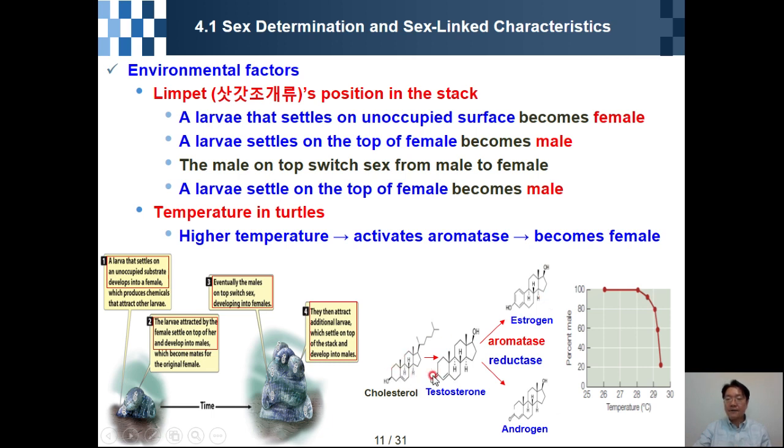So at higher temperatures, around 29.5, testosterone is changed to estrogen, so many offspring will become female like this. So this is how we explain the environmental factor. It can also determine sex. One example is position, and the other example is temperature.